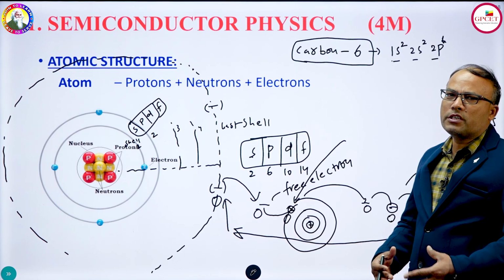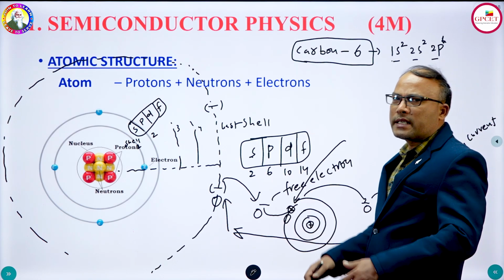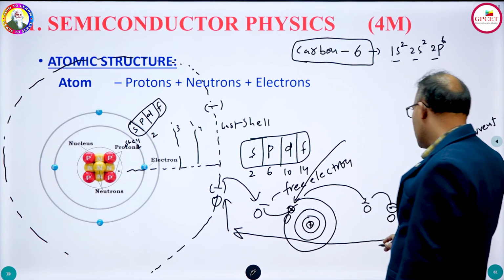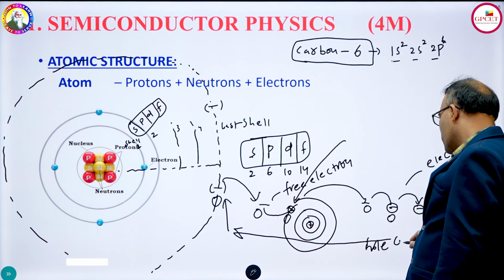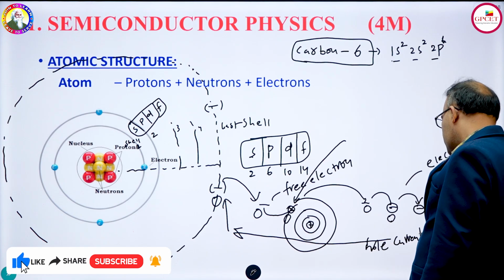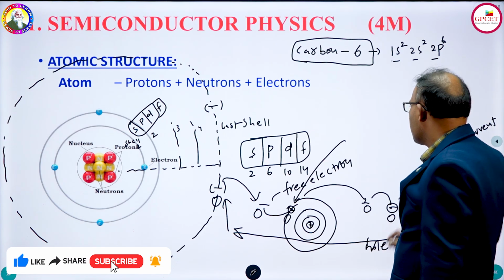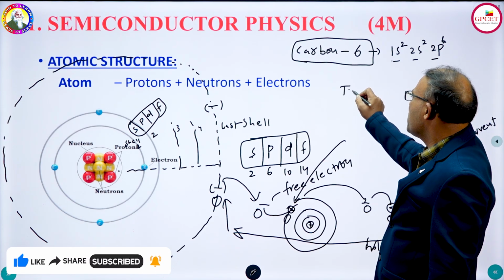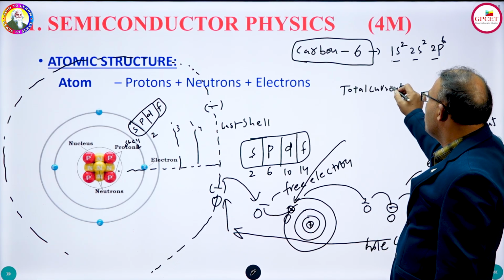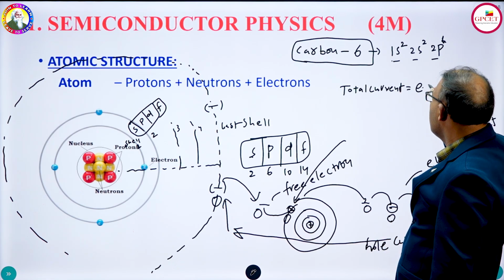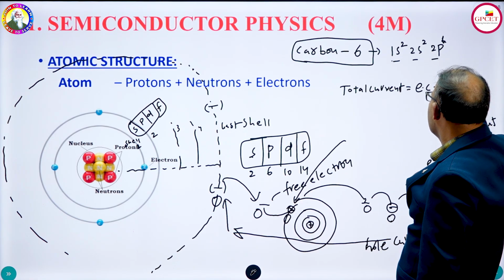Holes are also continuously moving, creating a current called hole current. So the total current in this atomic structure is equal to the electron current plus the hole current.